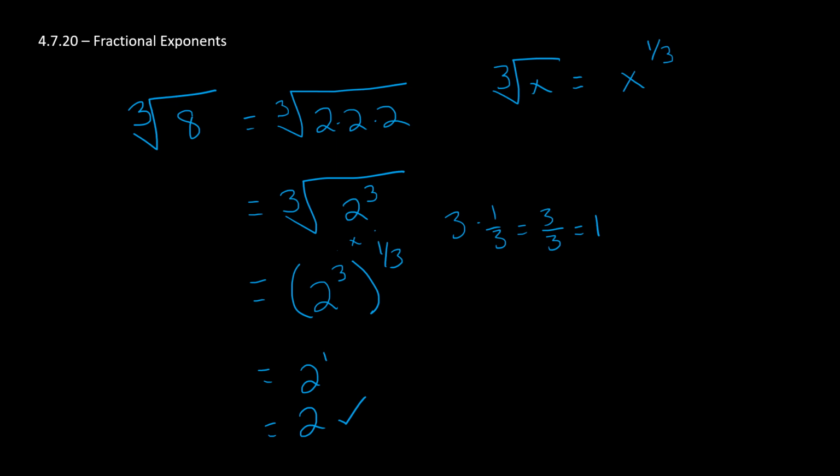Okay, let's do one more. Let's do the cube root of 64. We need to think of three numbers multiplied that give us 64, and we're going to prove this here. So we could say the cube root of 4 times 4 times 4. 4 times 4 is 16. 16 times 4 is 64.